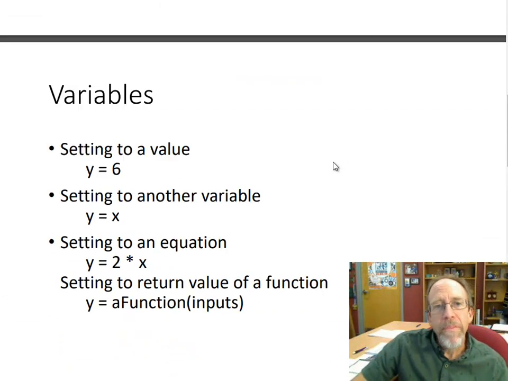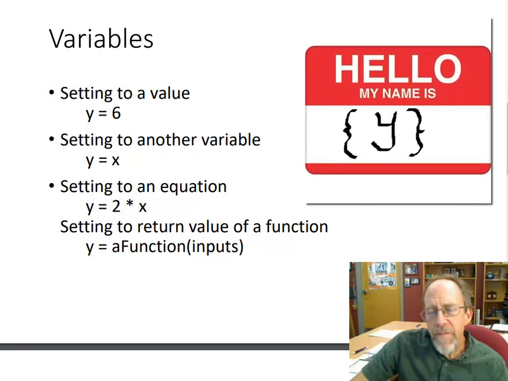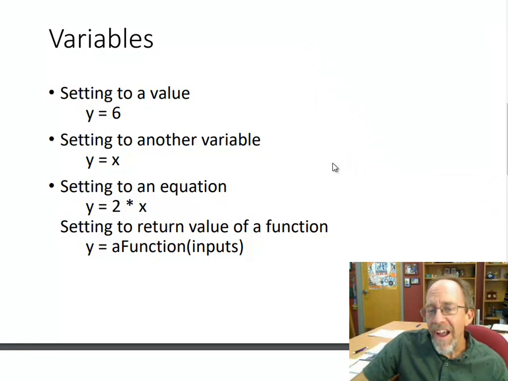Let's talk about them. Variables. Variables allow you to take something. In computer programming, you typically define a variable with a name, like y or x or a variable, and you can assign it to other things.